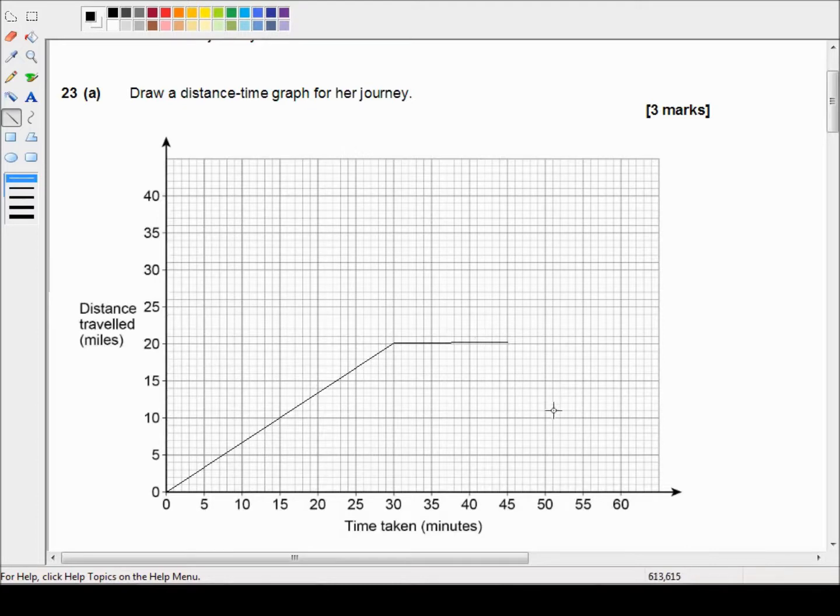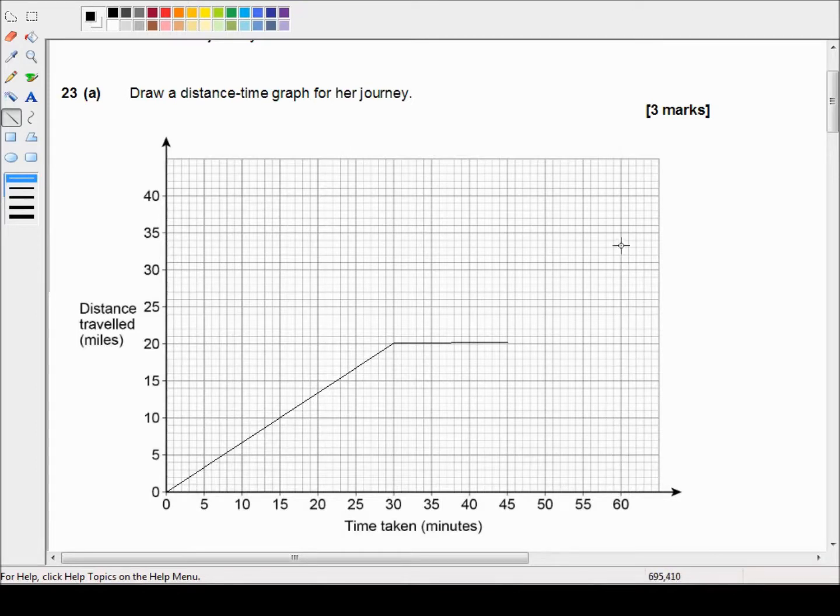So we've got to add 15 miles onto 20 miles, which takes us up to 35 miles. So her final position is 35 miles from her original position, and that's at the 60-minute mark.